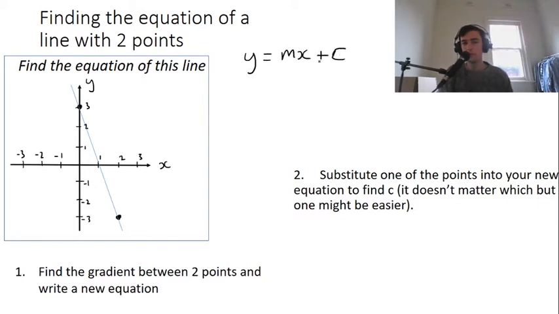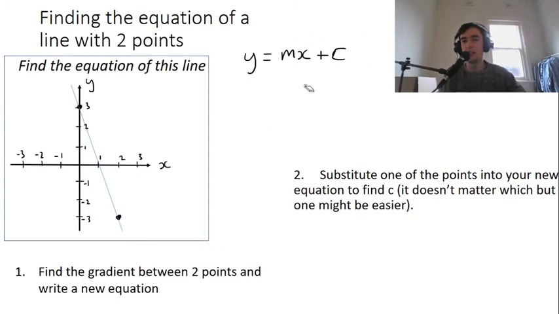Now, this is going to be very useful in the next 10 or so minutes, because if we can find out what m is, and if we can find out what c is, we will have the full equation of the line. So let's say if m was 2 and c was 3, we would have y equals 2x plus 3, and that is a complete equation of a line because it has y and x but doesn't have any other variables like m or c. Alright, so the aim is to get to there.